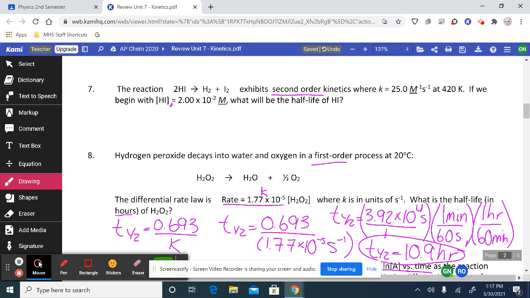So since this is a second order kinetics reaction, we know to find half-life, our formula would be T sub 1/2 equaling 1 over our K constant times the initial concentration of A. And so our T sub 1/2 will be equal to 1 over our K, which they tell us is 25.0, times our initial concentration, which is 2.00 times 10 to the negative 2.